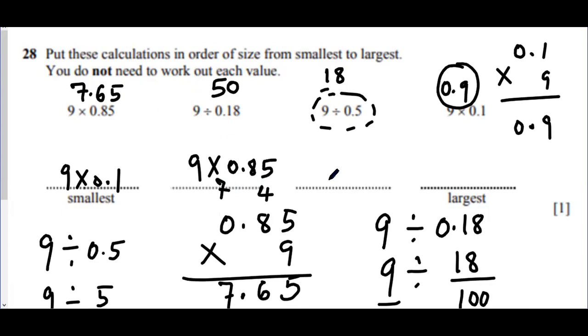What is the next calculation with the smallest? 9 divided by 0.5. So there we go. And what do we think will be the largest of all? 9 divided by 0.18.